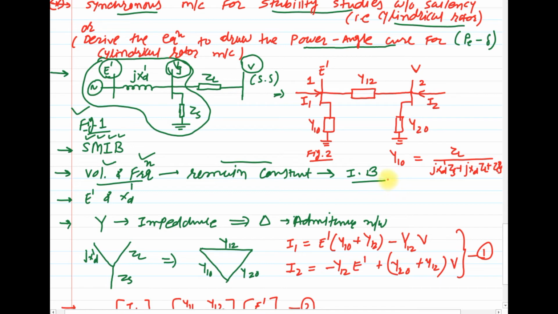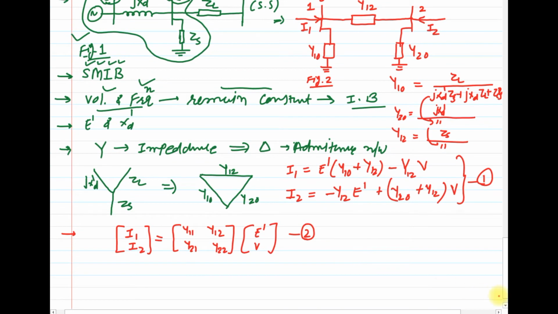Clear? Same way I can write for Y20, which is jXd dash divided by this total expression. And same way for Y12, which is ZS divided by the total impedance. Clear?